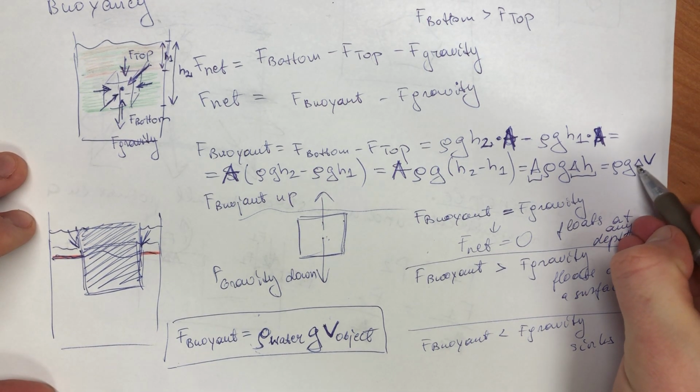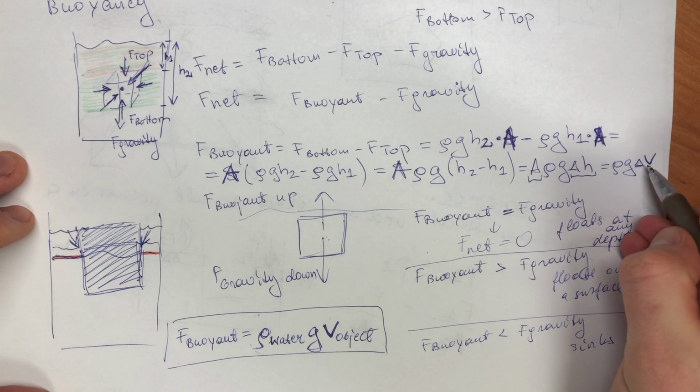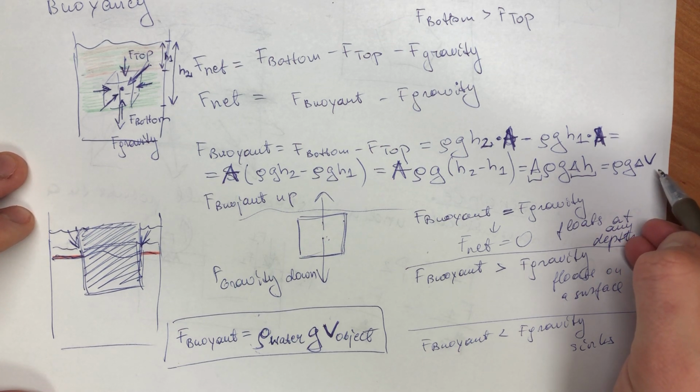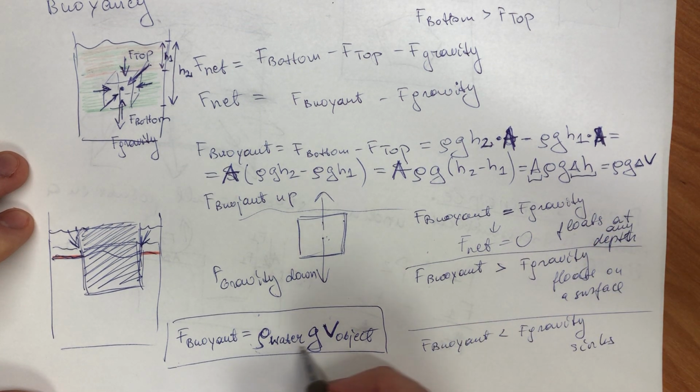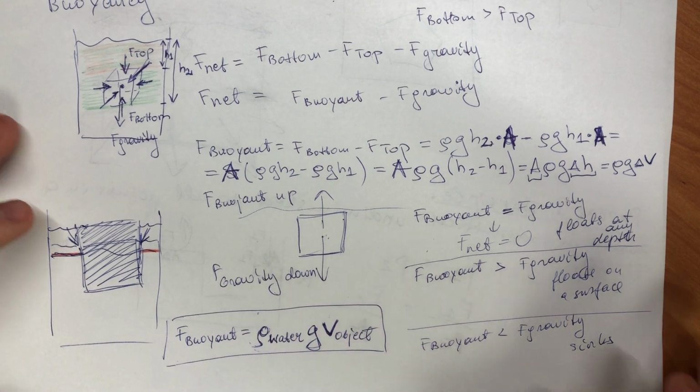Because we don't need this delta, in simplified situations we may get rid of it. So there it is: rho water, g, and volume of the object. So this is the buoyant force.